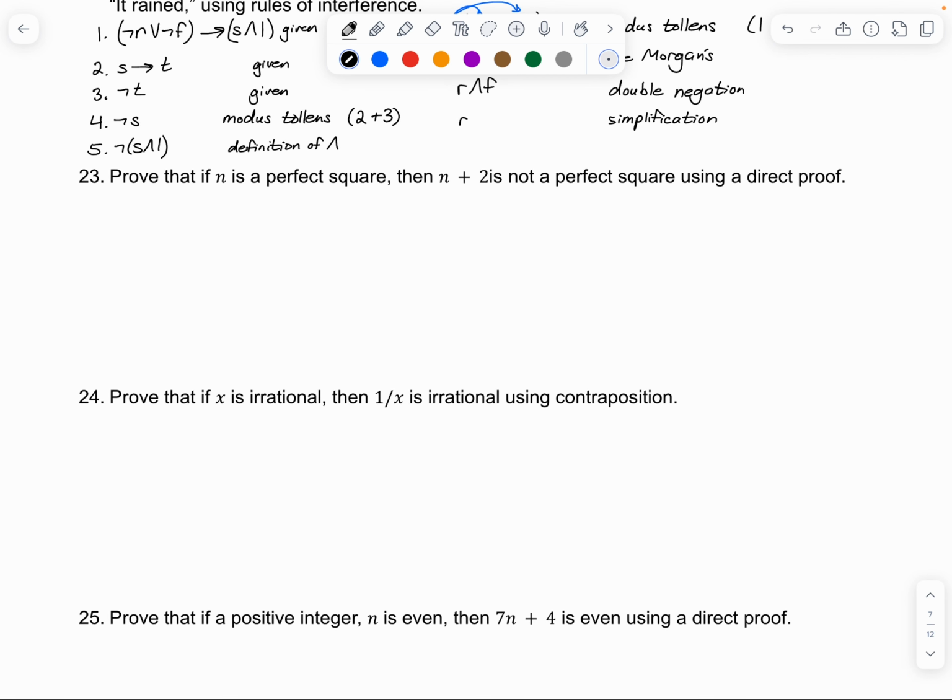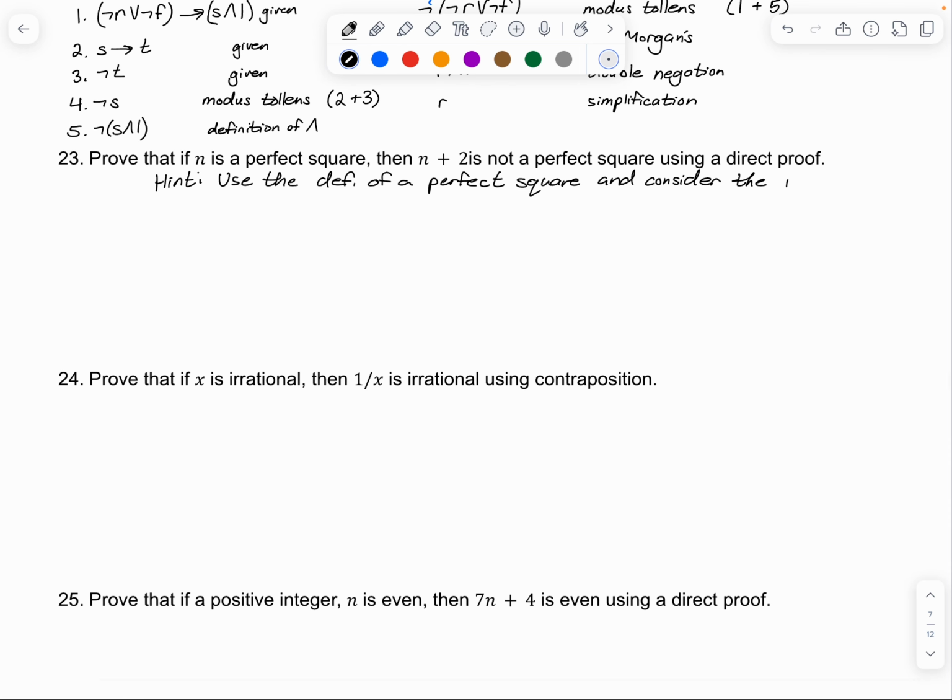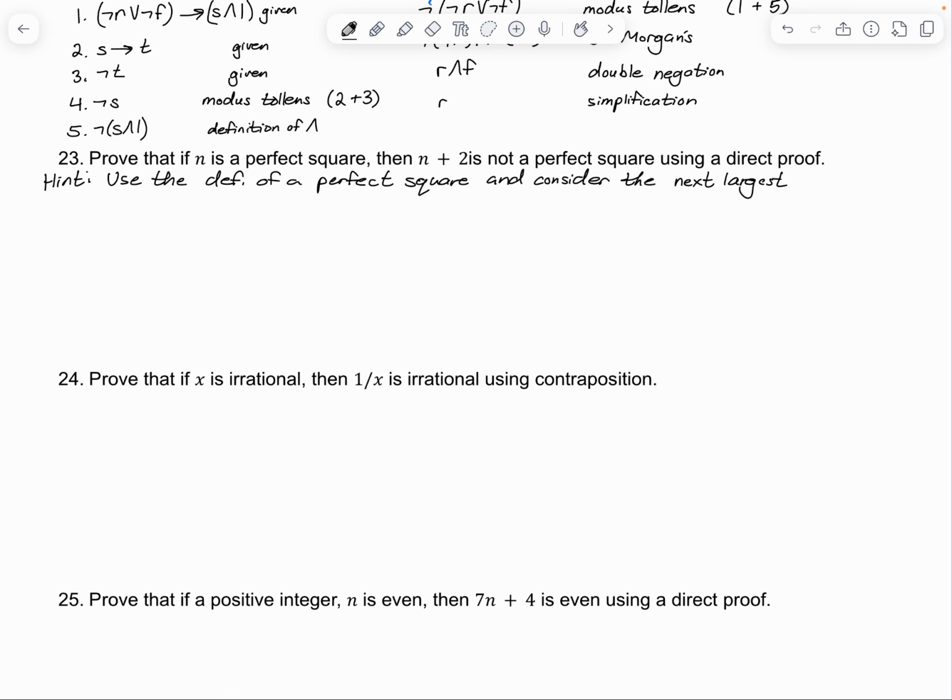I would say, hint: consider, use the definition of a perfect square. Hopefully you know what that is. And consider the next largest perfect square.